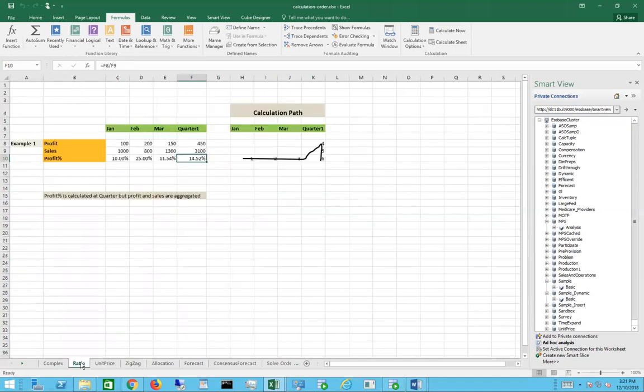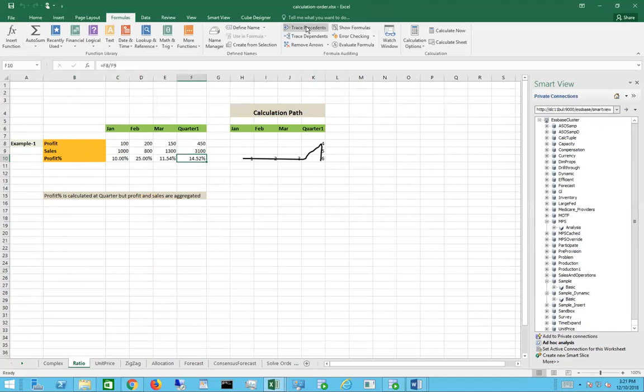Okay, so let's say the first one is the ratio. I have profit, sales, and profit percentage metrics. This is the calendar dimension. So profit and sales are here, and then the profit percentage is computed at the month level like this. But the profit and sales add up.